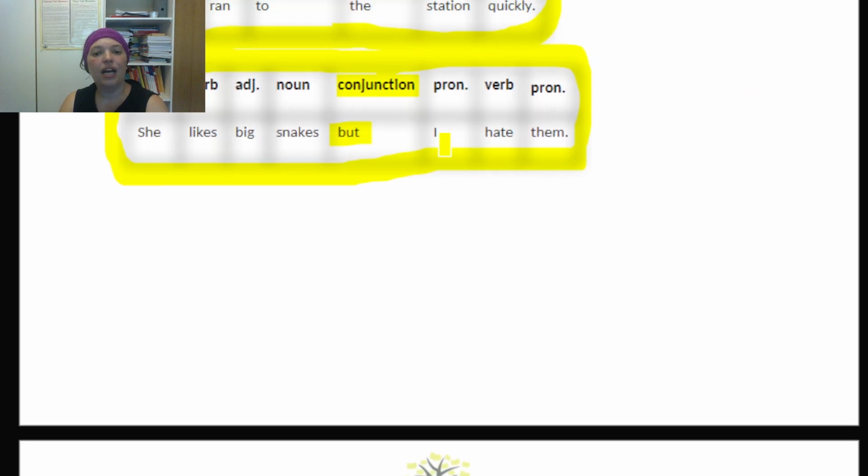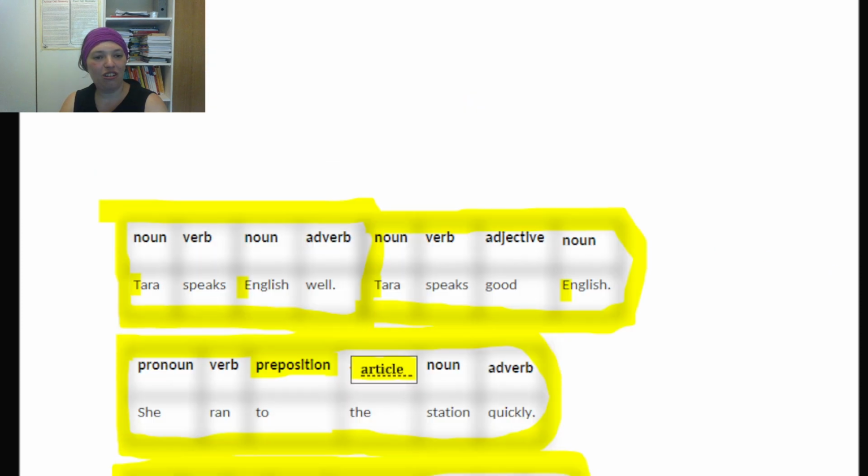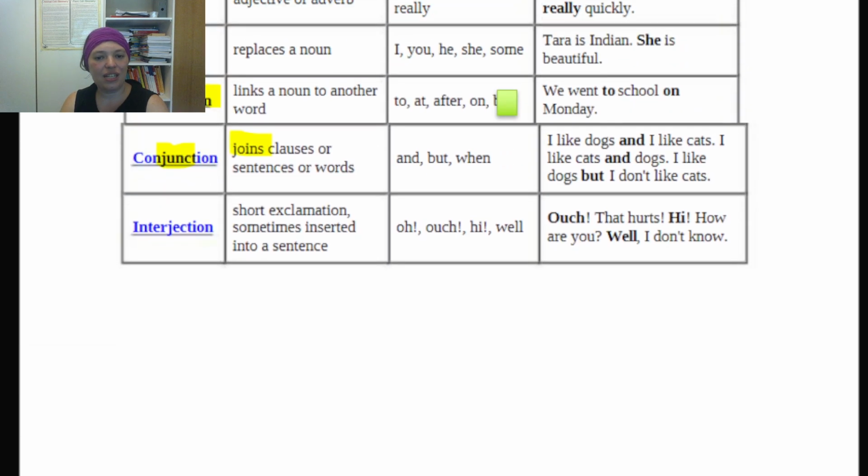And then a personal pronoun, a verb, and a personal pronoun. Alright, so I hope that helps you. Oh, there's one more that I wanted to say here on this list. An interjection. So an interjection is like, think of them saying, objection! It's when you shout something.